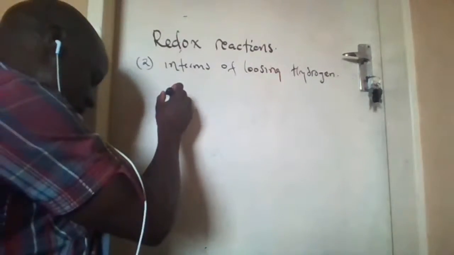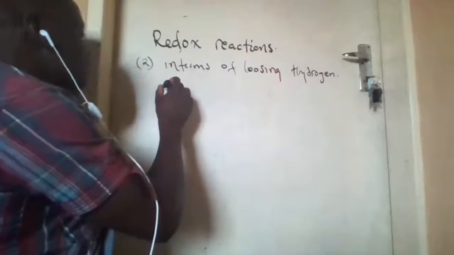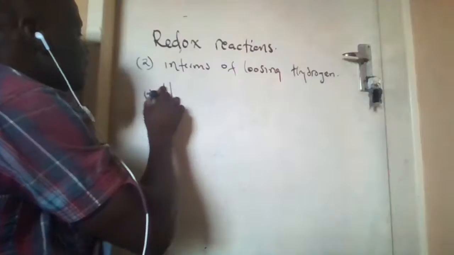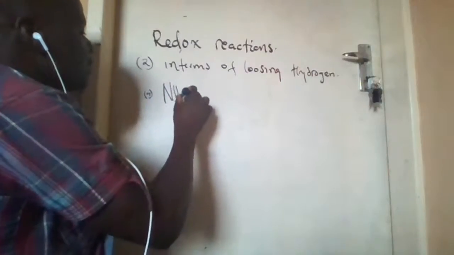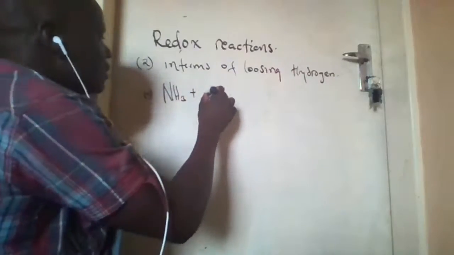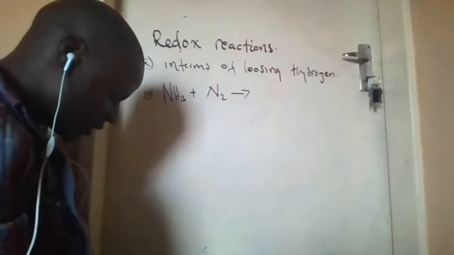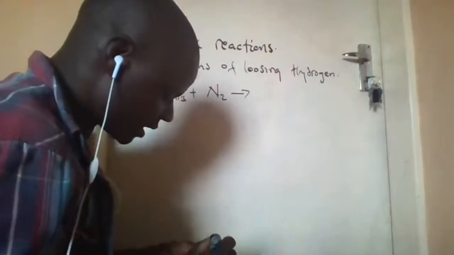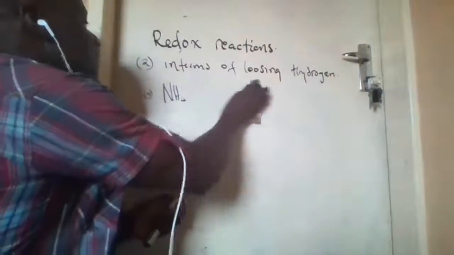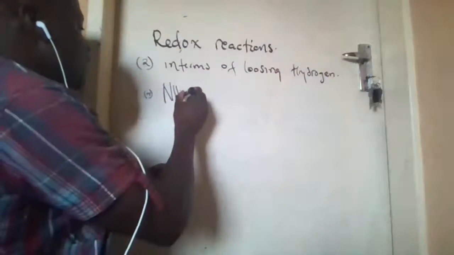We can speak of ammonia here. We can have ammonia, NH3. This is a first example. Okay, so we have ammonia here.